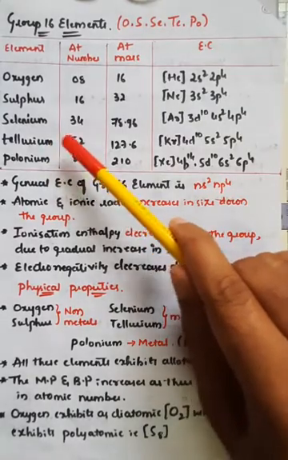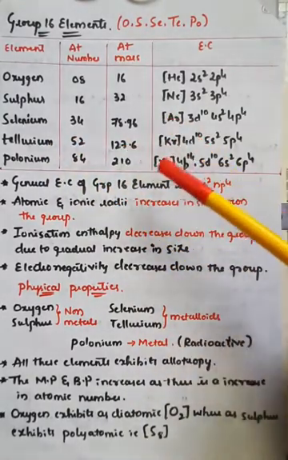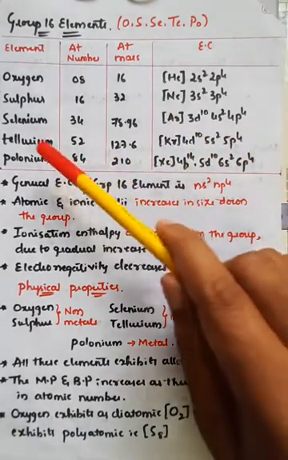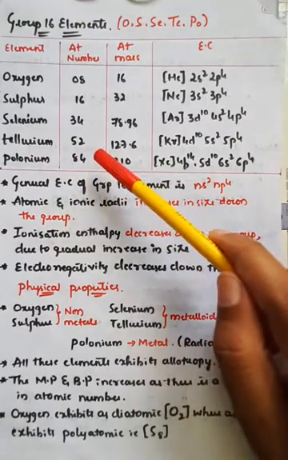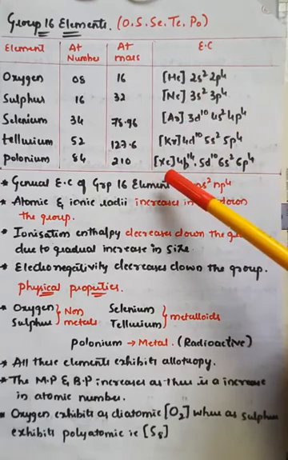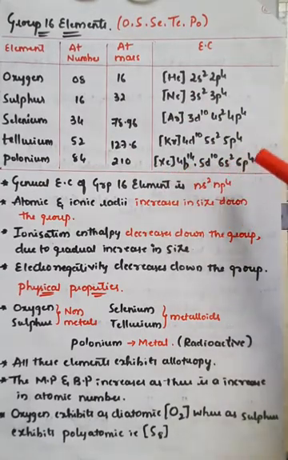Similarly for tellurium, 52, 127.6, and krypton is the nearest noble gas, 4d10 5s2 5p4. Similarly for polonium, atomic number 84 and atomic mass 210, the nearest noble gas is xenon, 4f14 5d10 6s2 6p4.